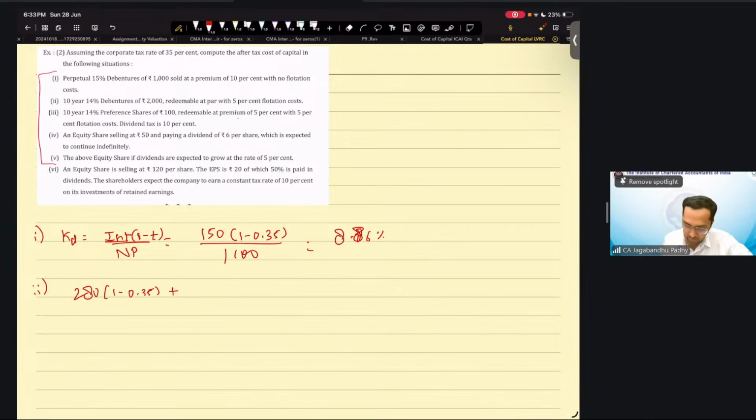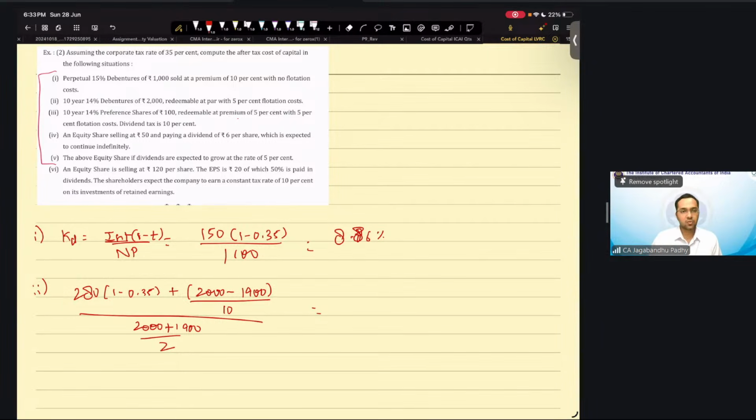So 280 into 1 minus 0.35 plus redemption value 2000 minus 1900 with 5% flotation cost, divided by 10, the whole divided by 2000 plus 1900 by 2.